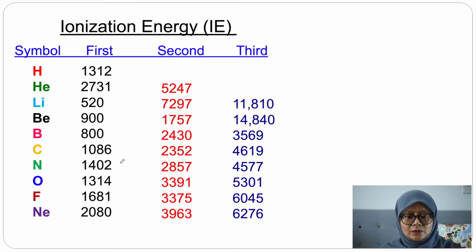As you can see from this table, the second ionization energy is higher than the first, but the third will have the highest energy, because the third ionization energy involves the core electron. Core electrons have higher attraction with the nucleus, so it is difficult to remove them. That's why the third ionization energy becomes higher.